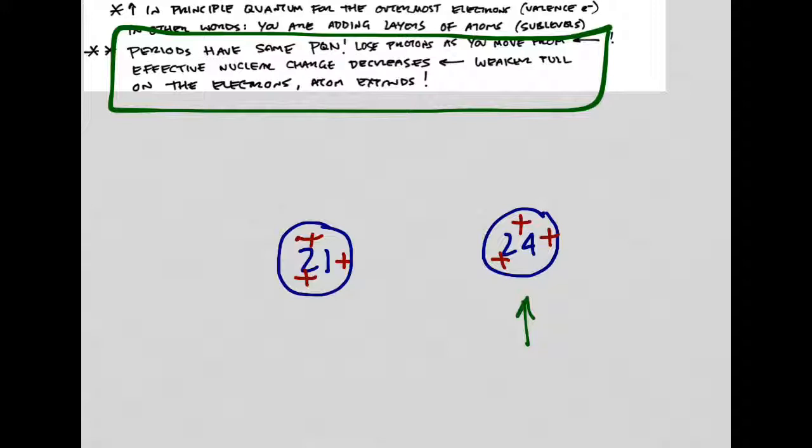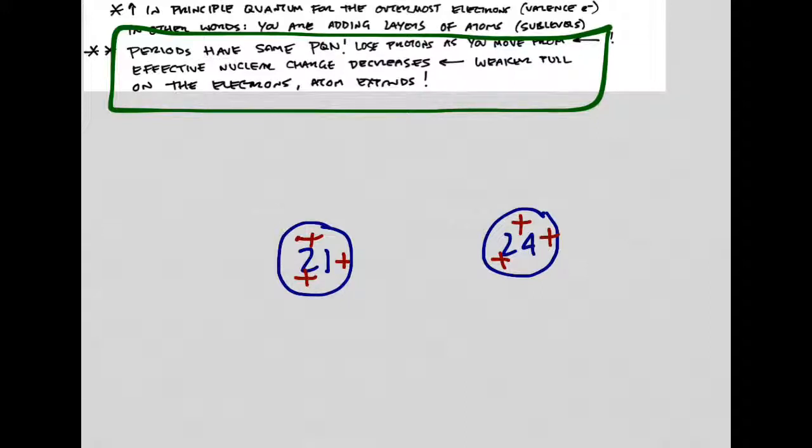And again, the whole point of the concept of effective nuclear charge is that it's the attractive power that the nucleus can exert on the electrons that are cruising around it. So if I have a high effective nuclear charge with this one, that means it's going to pull its electrons closer because it has more power to pull them in.